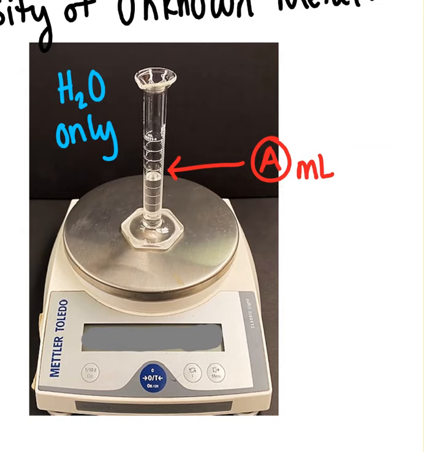So you need to keep track of A is like the volume of the water to start, and then B is the mass, and this is going to be the mass of everything on here. It's the graduated cylinder with this water that we're using for the metal part of the experiment.